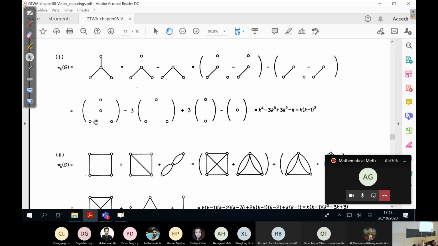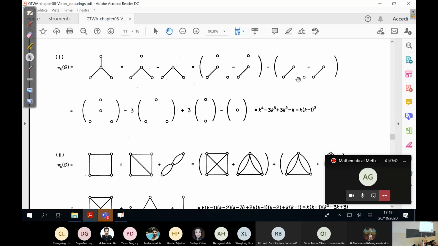And here you delete on one side, and on the other side you contract, but if you contract this you just get three isolated vertices. Here you delete and you get 3 isolated vertices, or you contract and you get 2 isolated vertices.